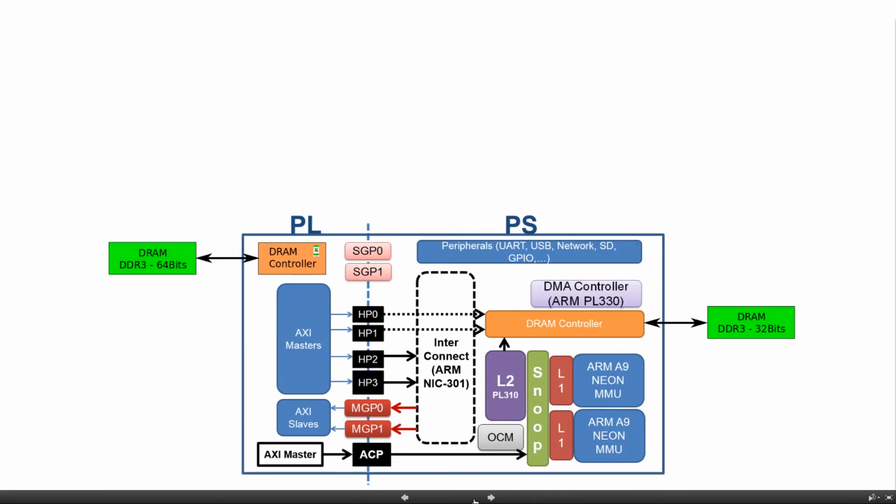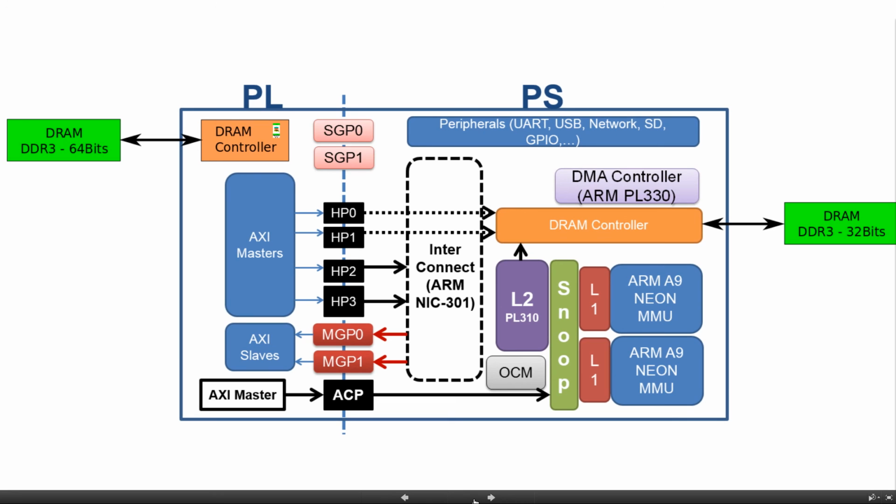ZYNQ architecture. You have seen this 1000 times before, and in this architecture we have the DRAM controller on the PS, and this DRAM controller is usually connected to a DDR3 DRAM memory, and the data bus width is 32 bits.